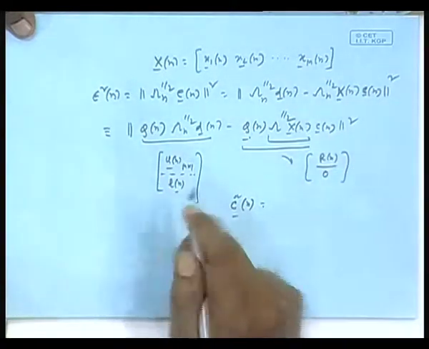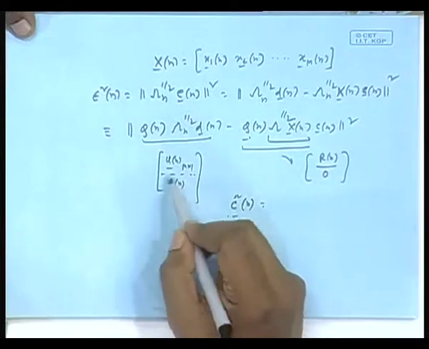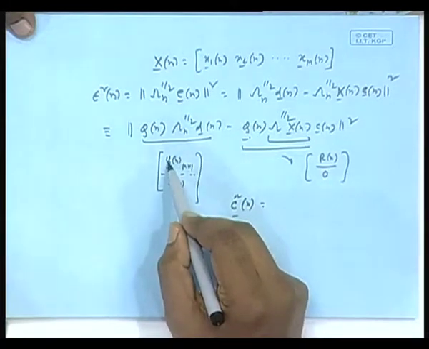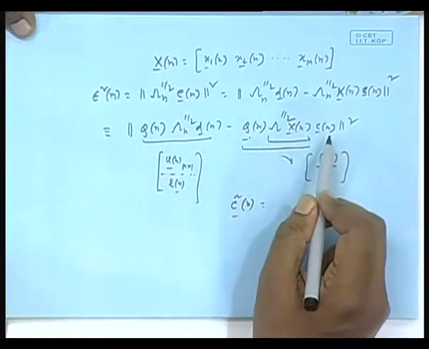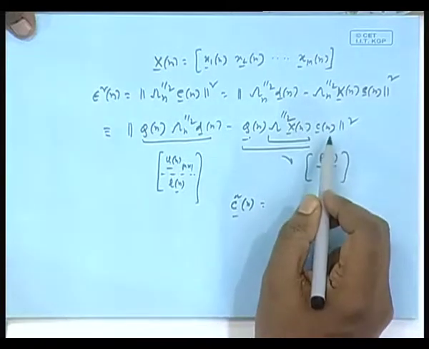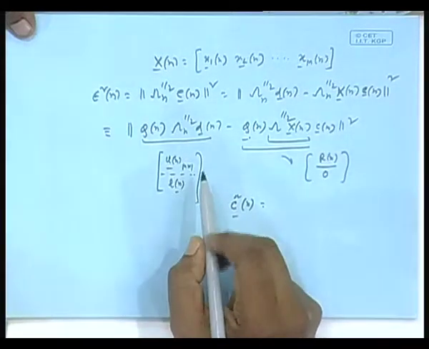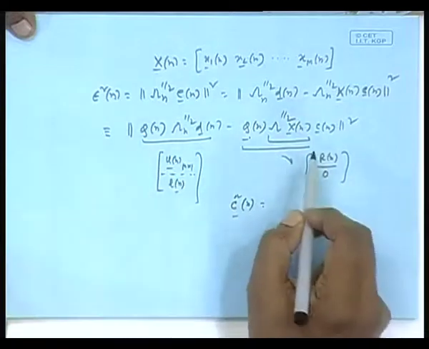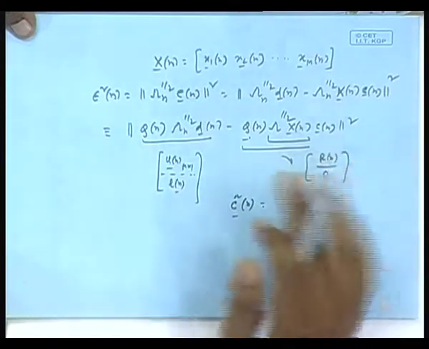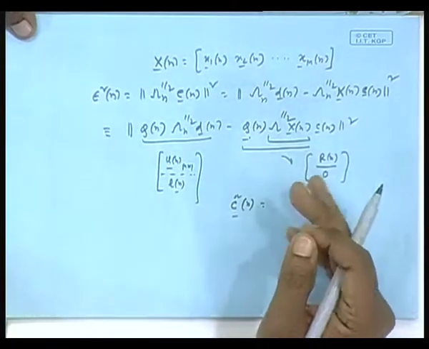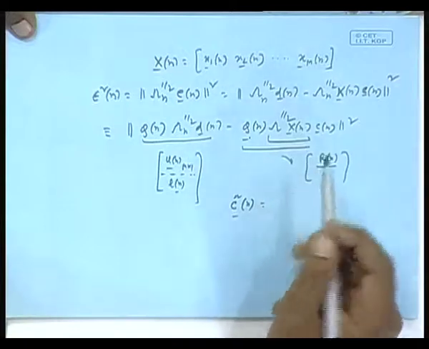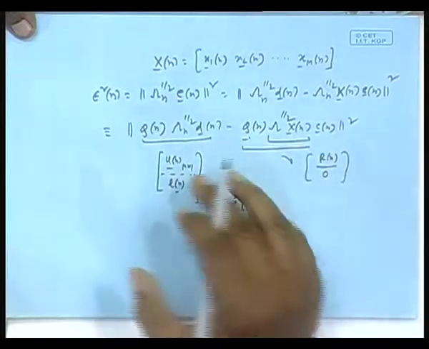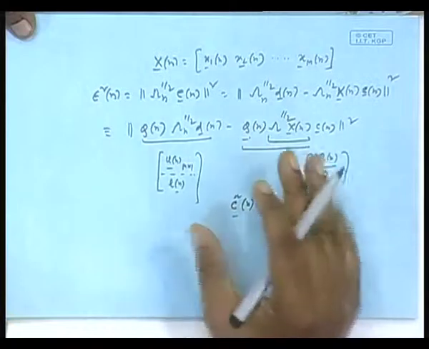So the total norm square is the sum of the norm square of l n and the norm square of u n minus R n C n. Since R n is invertible, and l n is independent of C n, the only thing we can do is make u n minus R n C n equal to 0. That will be the minimum possible, and obviously that will give the best filter. It is the orthogonal projection, because projection is unique, and this minimizes the norm, so that corresponds to the orthogonal projection.